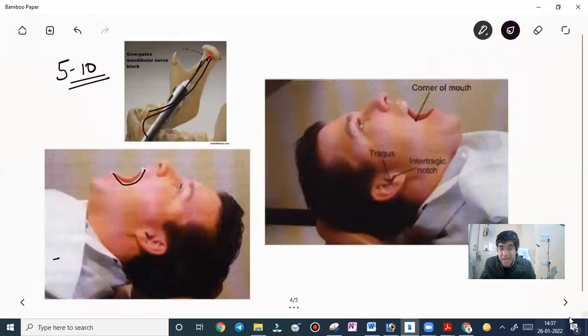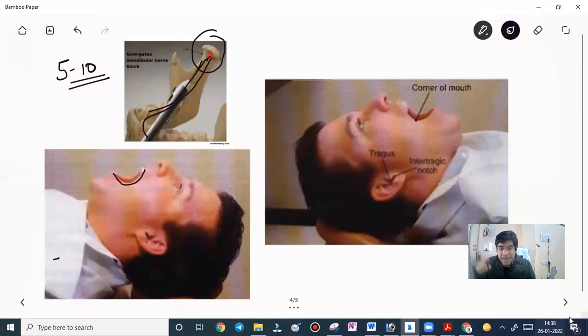the local anesthesia anterior to the neck of condyle in proximity to mandibular branch of trigeminal nerve after it exits from the foramen ovale. As we know that the motor roots that joins the sensory root before leaving the skull through the foramen ovale.